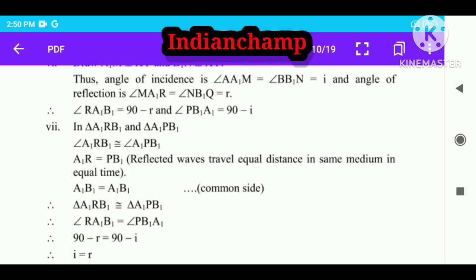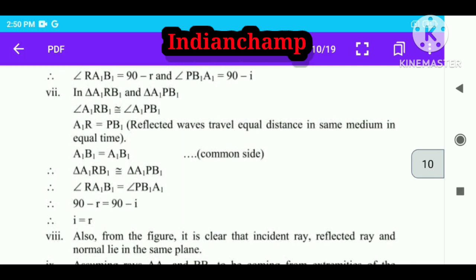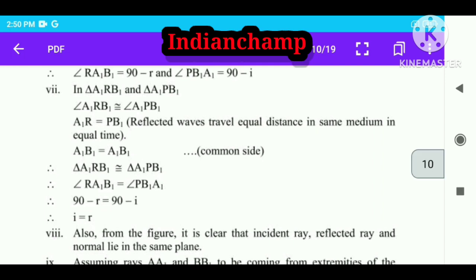A1B1 is equal to A1B1. Therefore, triangle A1RB1 is congruent to triangle A1PB1. Therefore, angle RA1B1 is equal to angle PB1A1. Therefore, 90 minus R is equal to 90 minus I. Therefore, I is equal to R.